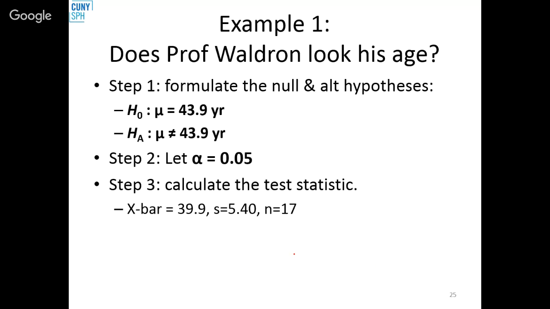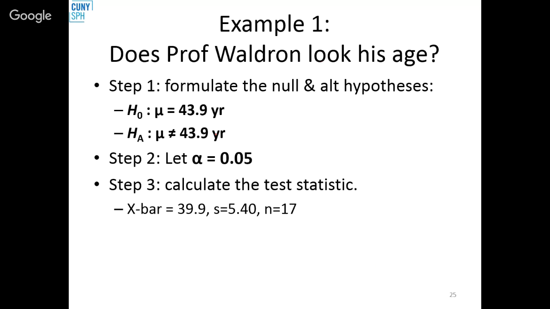Going back to our survey. I'm doing it finally here. I'm giving up my age. I'm almost 44. So I'm putting that as the null hypothesis. That's the true answer. And setting up hypothesis testing around, do I look my age?